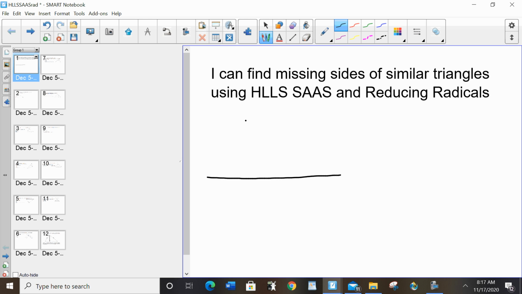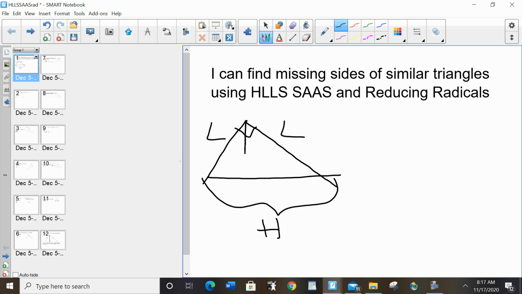When you have an altitude drawn to a right triangle, here's my right triangle, my leg, my hypotenuse, an altitude is drawn, breaking the hypotenuse into two segments. Whenever you see this picture, your two proportions are HLLS and SAAS.